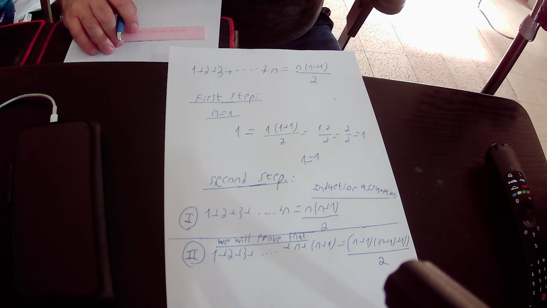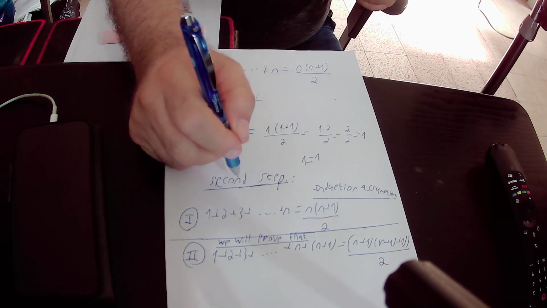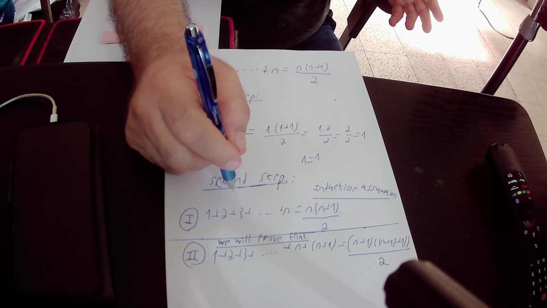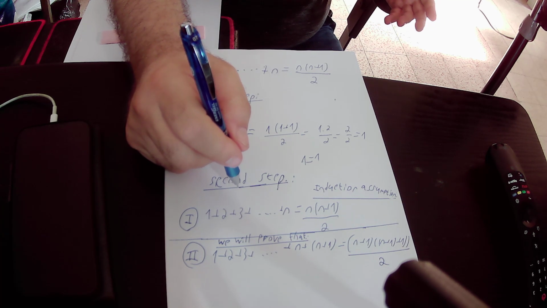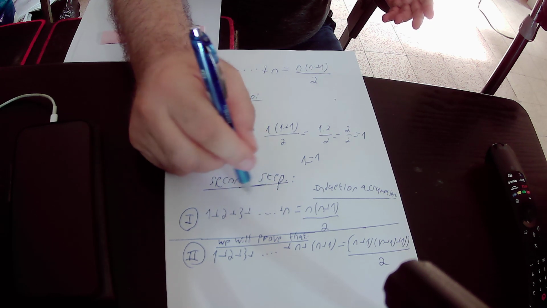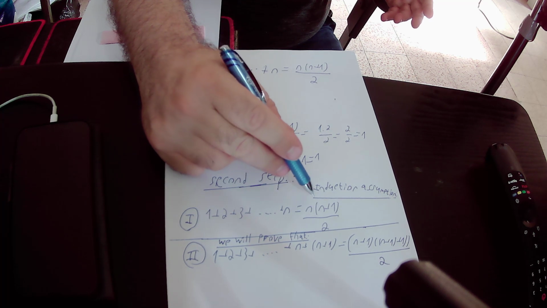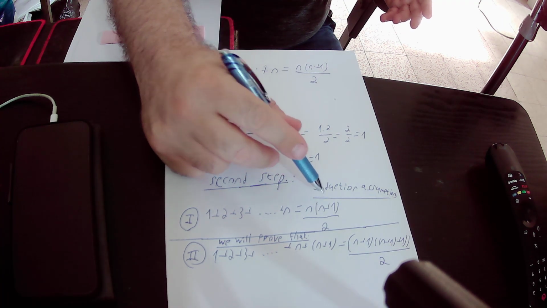Actually, we know that expression 1 is true because we assume that it is true. So the left side of the equation equals the right side of the equation.